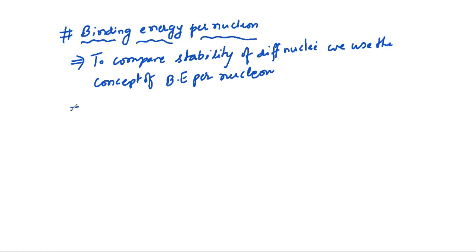Now what is this binding energy per nucleon? It is represented by BEN. It is equal to the total binding energy of an element divided by its mass number.